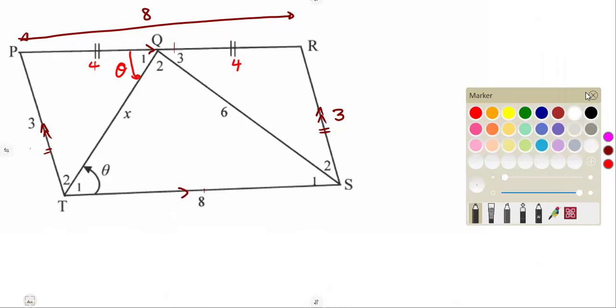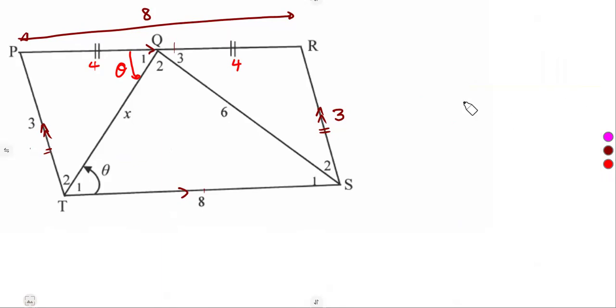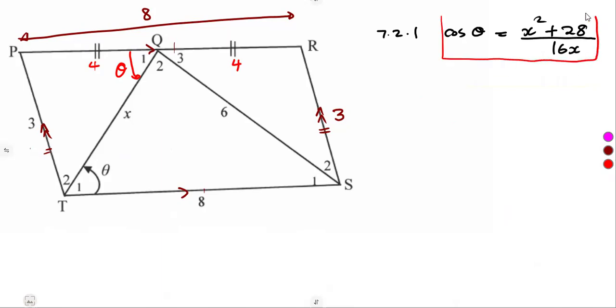In 7.21, we are to show that the cos of angle theta is equal to x squared plus 28 over 16x. So this is what you're being asked to prove.